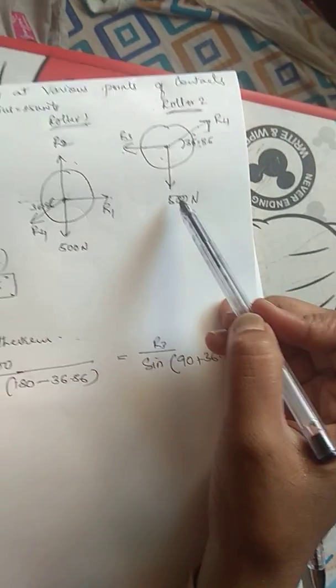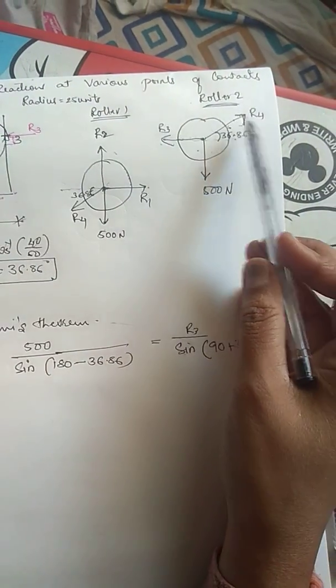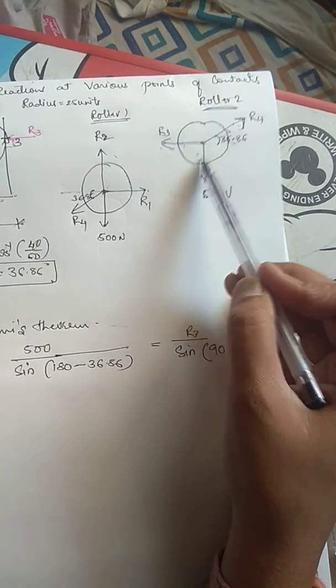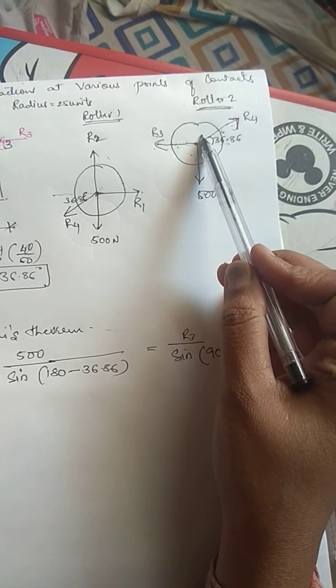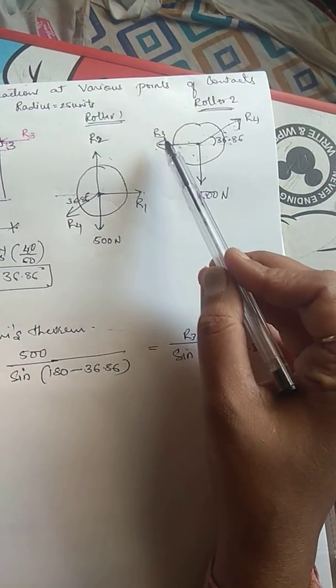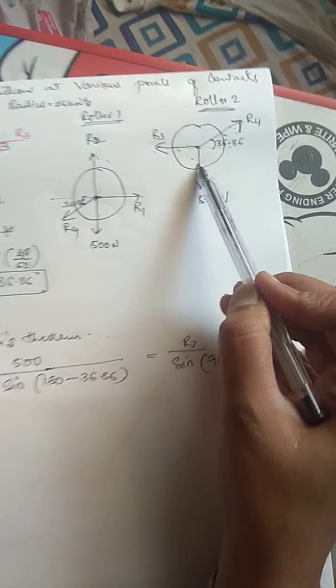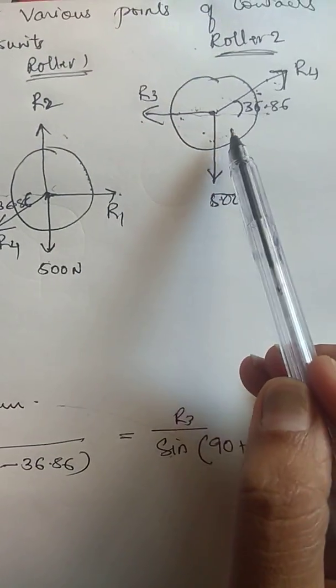Want to repeat? It is R4 divided by this angle, that is 90, 500 divided by this, that is 180 minus 36, R3 divided by this entire angle, which is 90 plus 36.86.